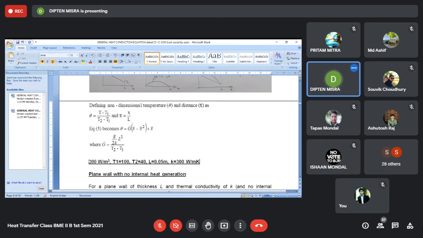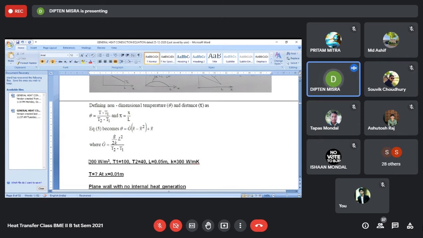Now with this, I can calculate the value of G dot. Once I calculate G dot, I want to find out what is the T value. T is equal to how much at, say, x equal to, suppose, 0.01 meter. I want to find out the temperature at a distance of 0.01 meter using that graph paper.